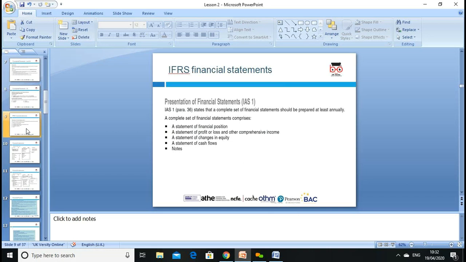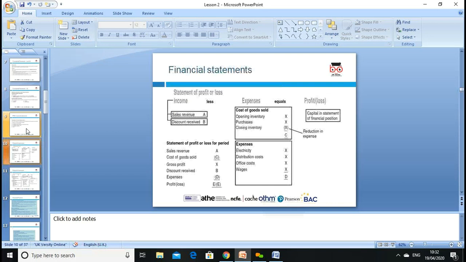Okay, then this is the income statement. We discuss the statement, and under IAS, the statement needs to be true and fair. The statement of profit and loss, also known as the income statement or statement of comprehensive income, looks like this. Sales revenue, which means turnover, sales revenue and sales are the same thing.